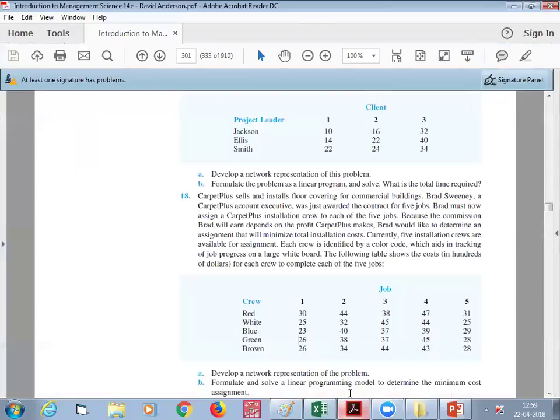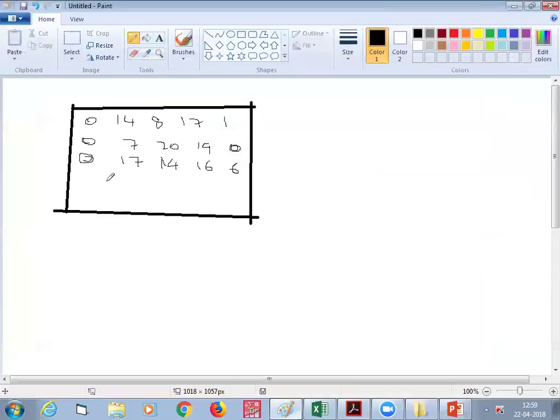Okay, next row. Least is 26. So 0, 12, 11, 19, and 2.